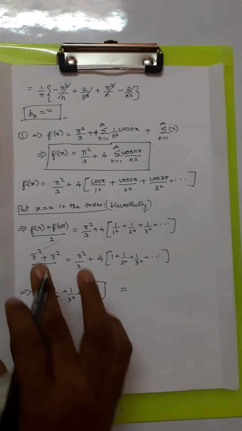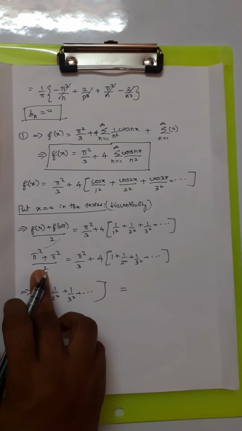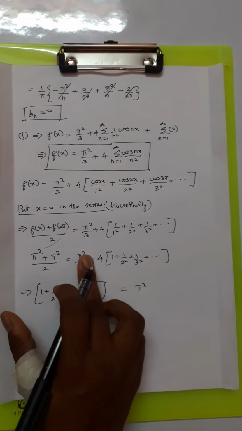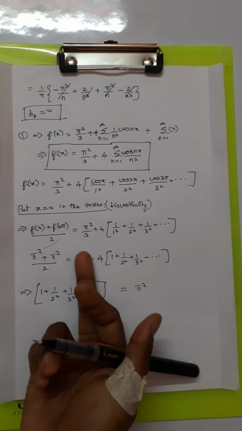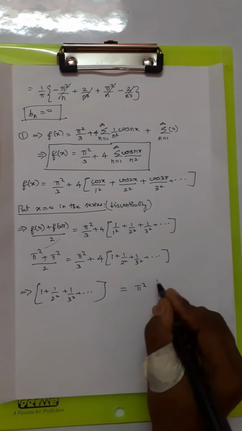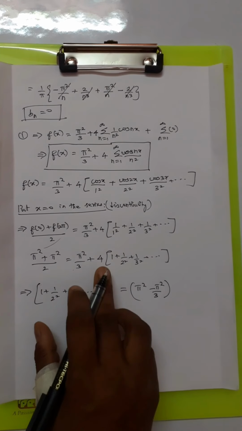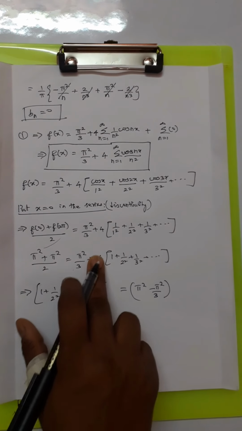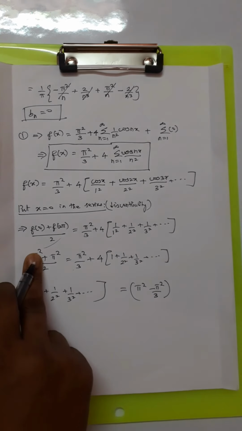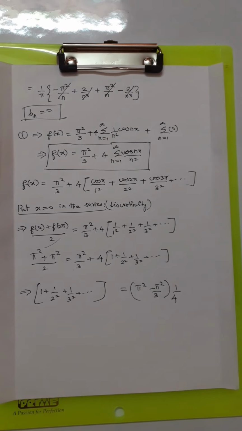is equal to, this term remains as it is. This is nothing but 2 pi square by 2, which is nothing but pi square. Right? This pi square by 3, when we take it to the other side, becomes minus pi square by 3. And this constant 4, which is in the product along with this series, when we take it to the other side of the equation, becomes division by 4, right?